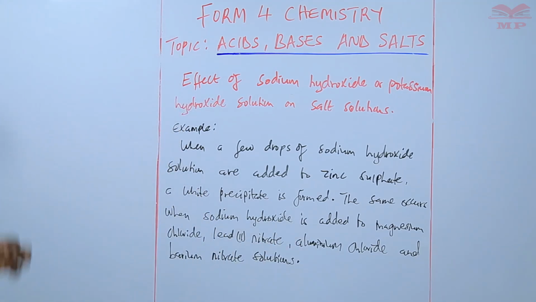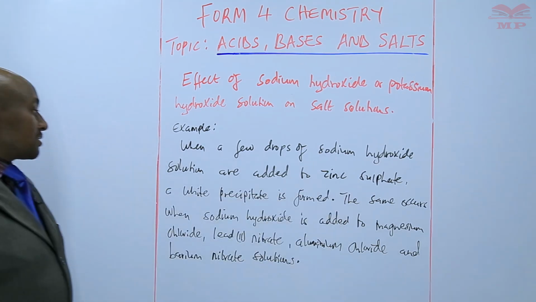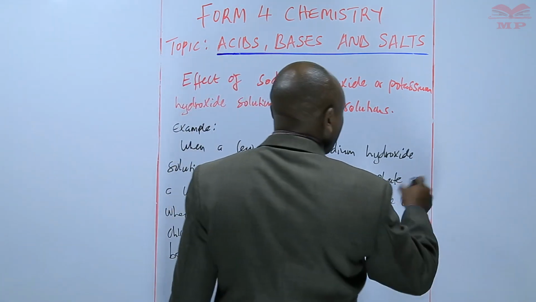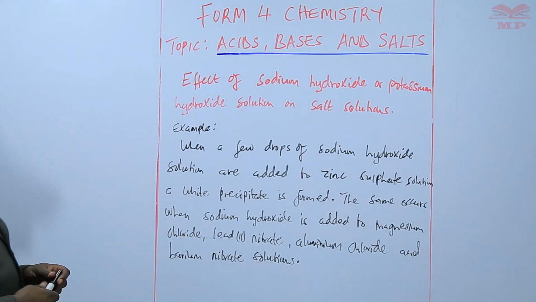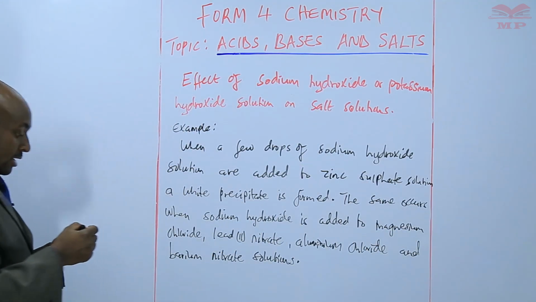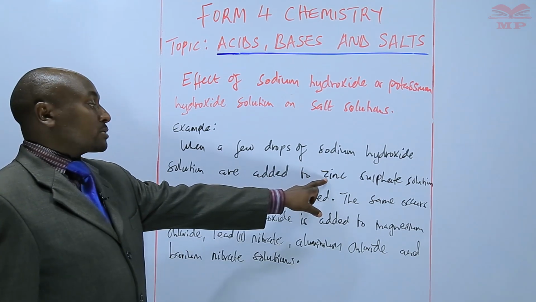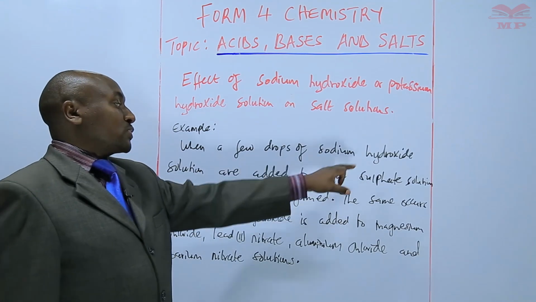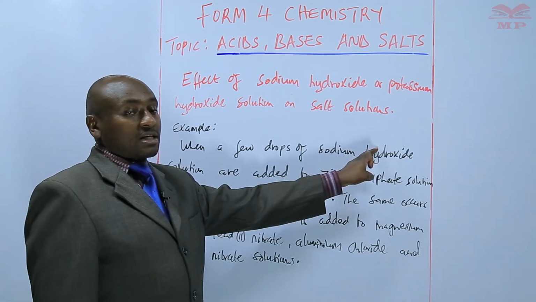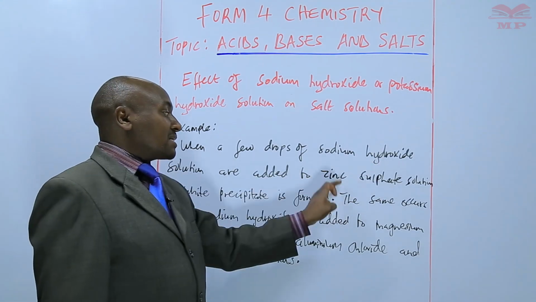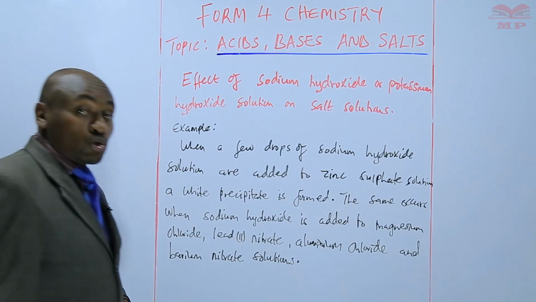So basically what we are saying is that when you add a few drops of sodium hydroxide solution to aqueous zinc sulfate, a white precipitate is formed. That white precipitate is a result of the exchange of ions between zinc sulfate and sodium hydroxide, so that sodium takes the sulfate to form sodium sulfate, and the zinc takes hydroxide to form zinc hydroxide. Zinc hydroxide is the white precipitate because it is the one that is insoluble.